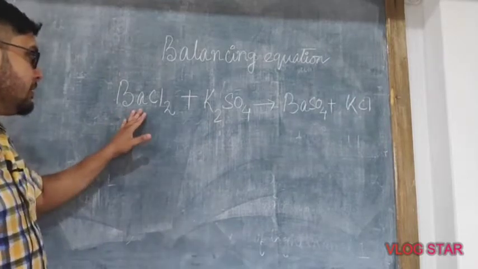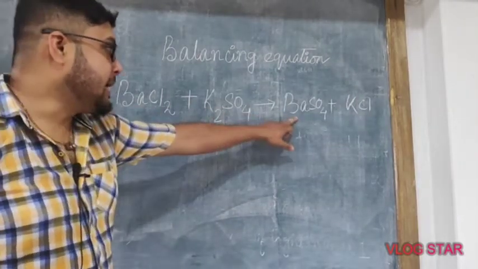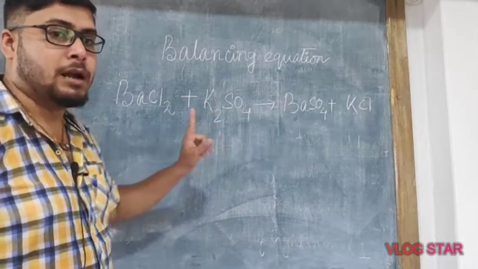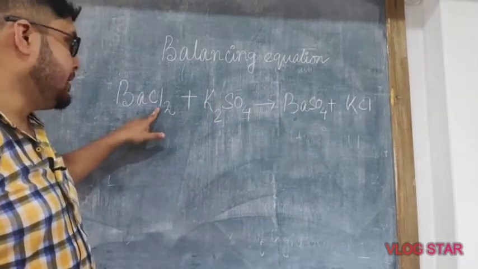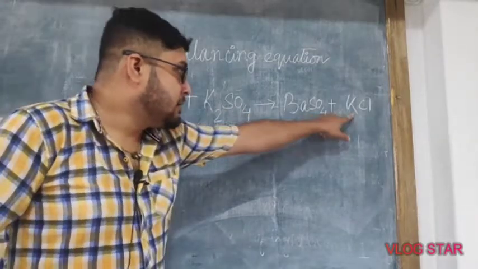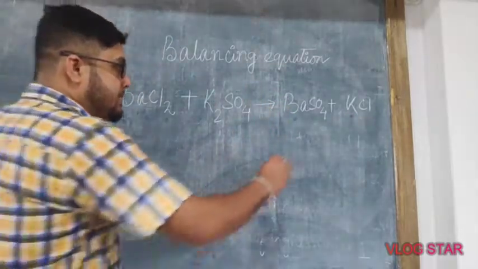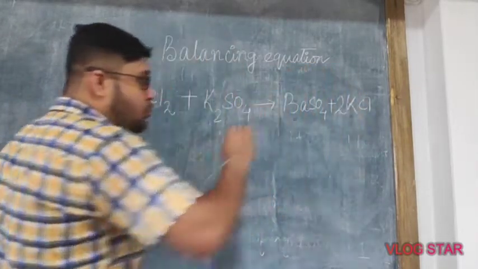Now here, if you can see in the first part, Ba, reactant side 1, product side 1. Come to Cl, here we have 2 Cl. In the product side we have only 1. So to balance it, we give here 2.